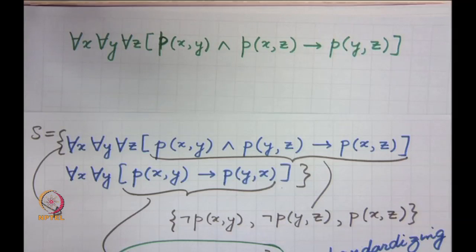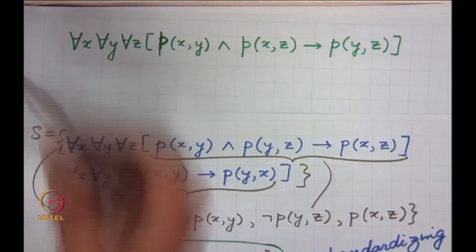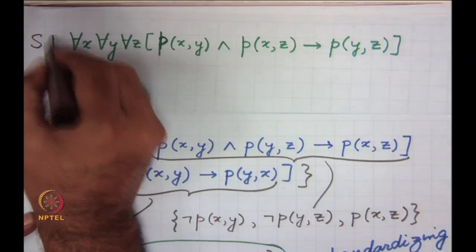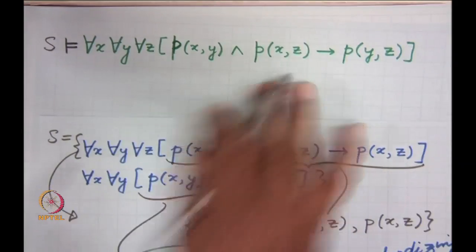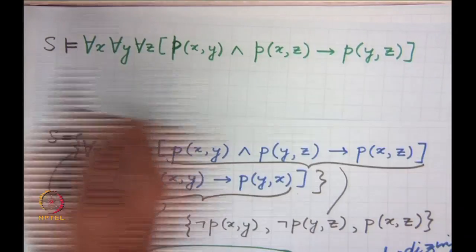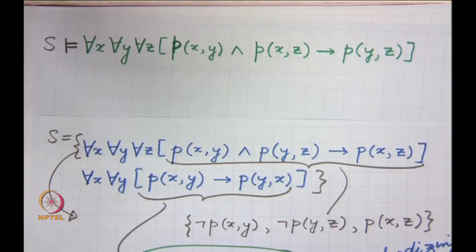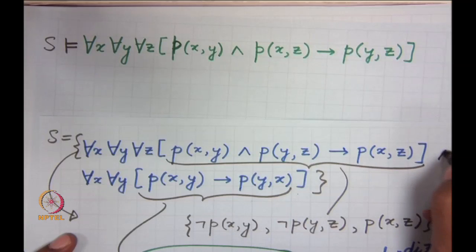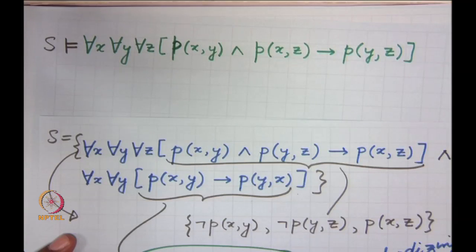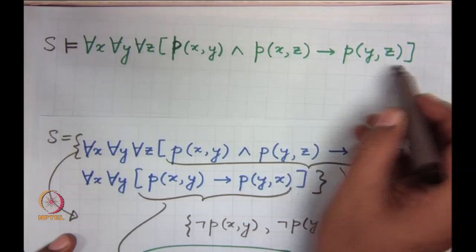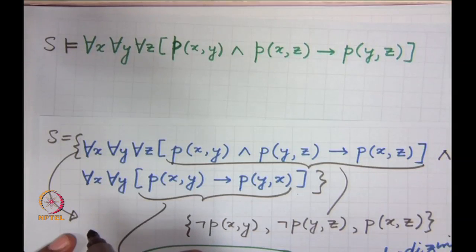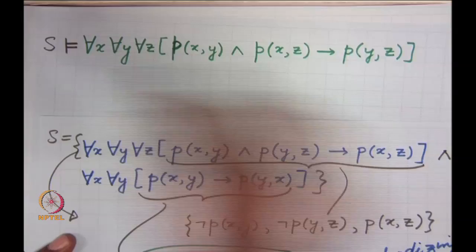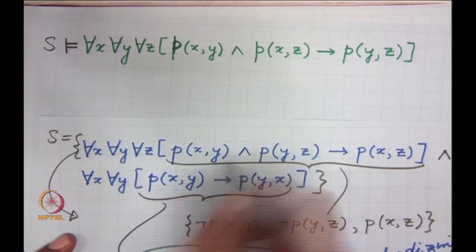So what are we saying now? This statement is a logical consequence of these two statements, which means I can take the AND of these two statements, and this would be a logical consequence of the conjunction of these two statements.